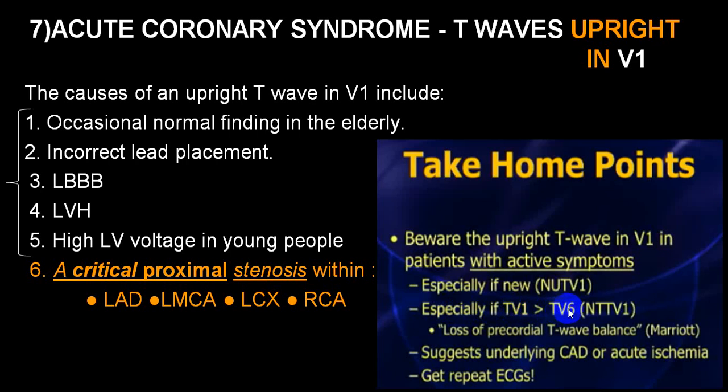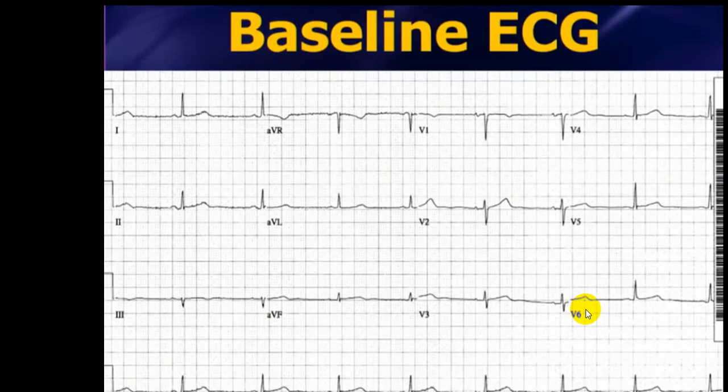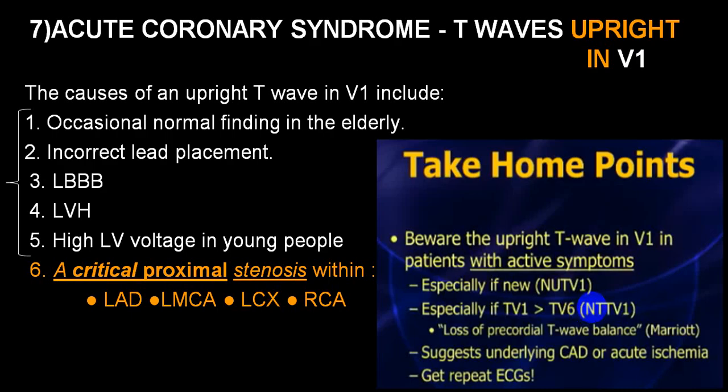T wave in V6. So if there is a new tall T wave in V1, normally we don't have a tall T wave in V1. So now V1 T wave is taller than V6. That is another very, very important criterion as far as only T wave changes in V1 are concerned.